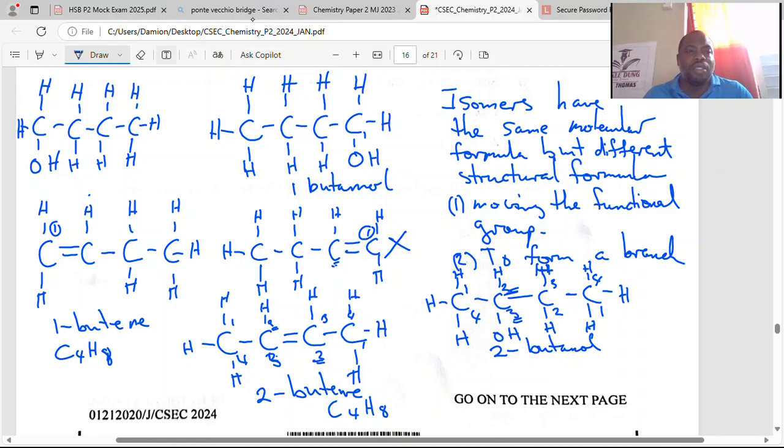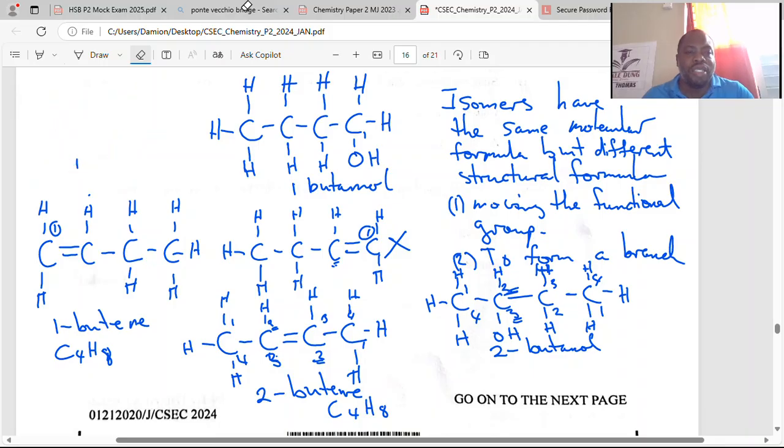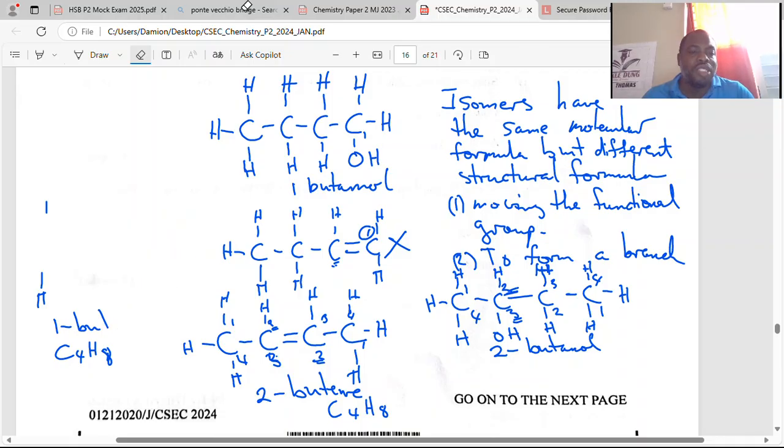So we're going to be doing the erasing again. We're looking at compound C. Do we see the functional group in compound C? What's a functional group in compound C?